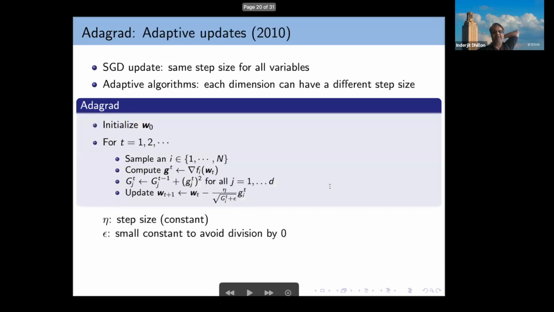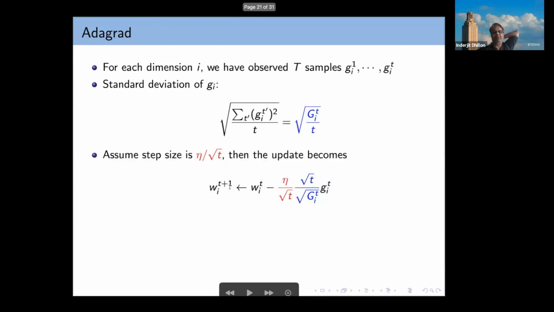As a result, you will notice that this is eta. This actually does not need to decline, because in some sense you can think of the actual step size as eta divided by square root of T, right? And what you have over here is that you are dividing this g by g divided by square root of T.